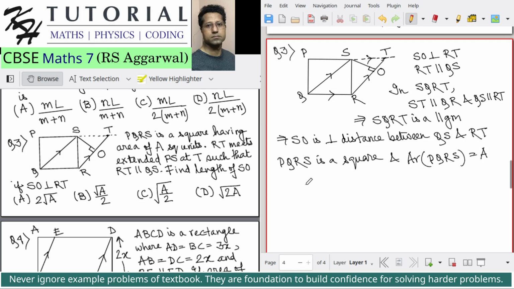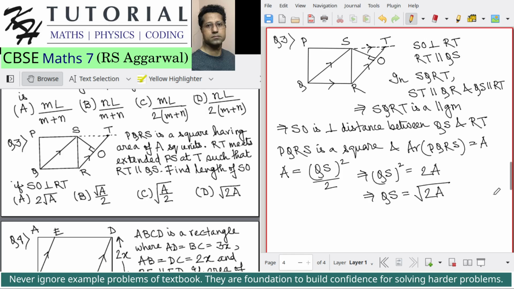So for the square PQRS, we must have A equal to QS squared by 2, where QS is the diagonal. So this implies that QS squared should be equal to twice A. This implies that QS will be equal to the square root of twice A. QS, that is the diagonal of the square PQRS, will be equal to the square root of twice A.